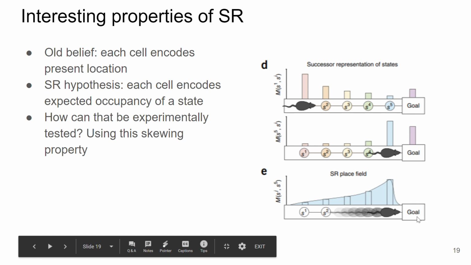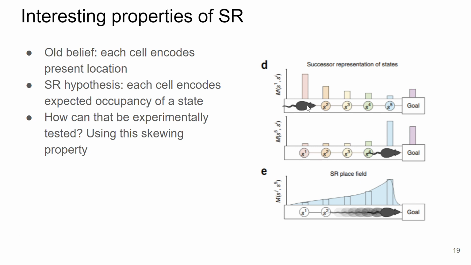If you have, yeah? So each node is a cell. So this is a rat running along a straight line. And yeah, we're discretizing the state space into multiple states. I guess, I mean, like S1 to S5 are neurons or place cells.